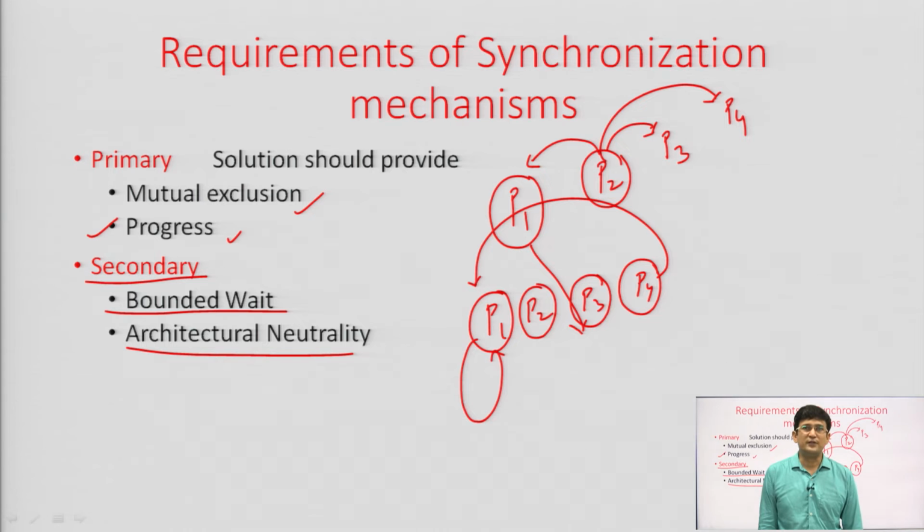So, usually the software solutions are the accepted ones, they are architecturally neutral, but the hardware solutions we devise will not satisfy the criteria of architectural neutrality. So, these are the 4 conditions that the solution to the critical section should satisfy, out of which 2 are compulsory ones and 2 are optional ones. Mutual exclusion and progress must be satisfied, but if bounded waiting and architectural neutrality are satisfied, they are also welcome.